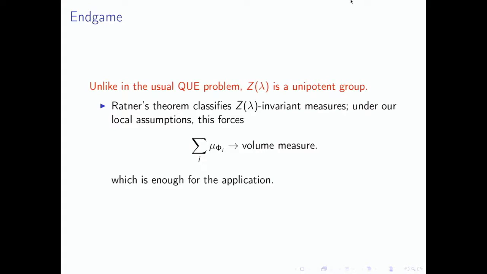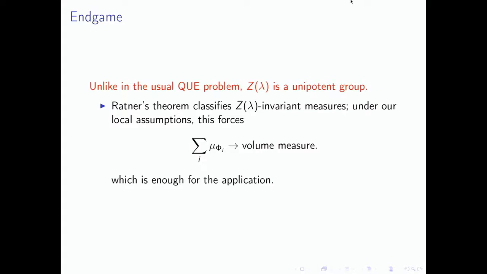But Ratner's theorem classifies invariant measures. I should have said, this was written on the slide, that we impose various local assumptions on the groups G and H. Those local assumptions are designed to facilitate using Ratner's theorem. They eliminate certain unpleasant possibilities.